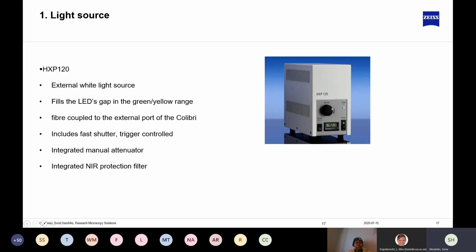These quite nicely fill the gap in the green and yellow ranges, even though the latest LED technology has also developed quite significantly to cover more of the dyes in the green and yellow ranges. HXP is quite tried and tested for that. It has a very fast shutter. You can also just switch it on and switch it off. There are no waiting periods.